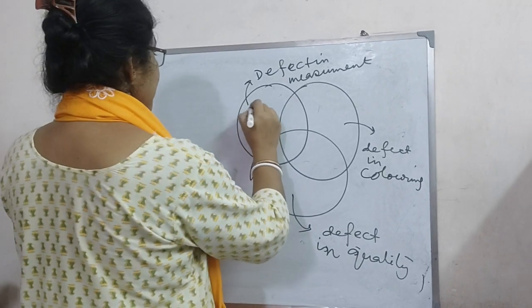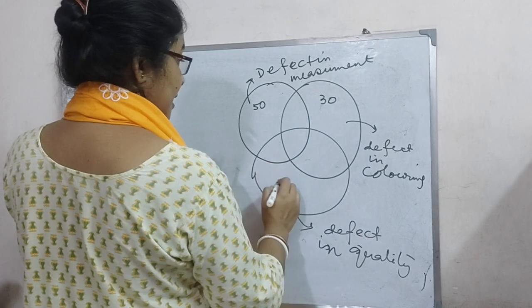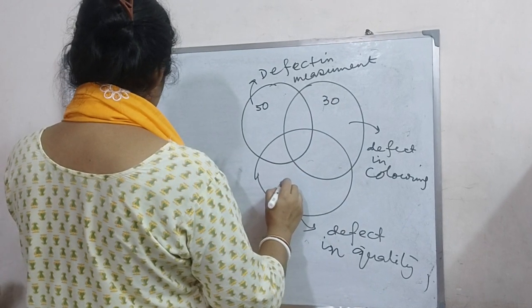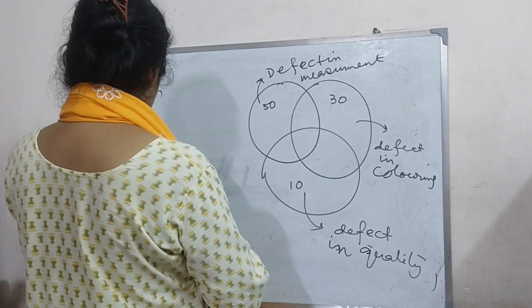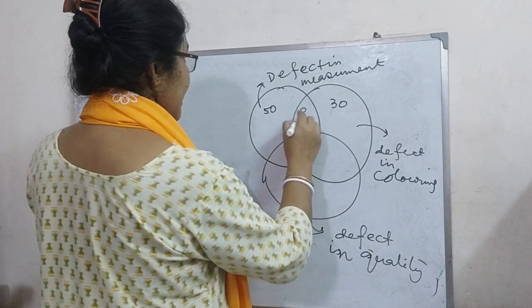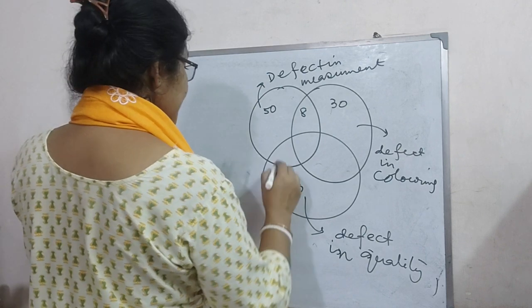Here the number is 50. Here it is given that 30. This is equal to 10. Defect in measurement and coloring 8. Defect in measurement and quality 20.